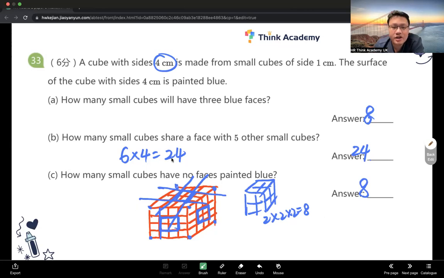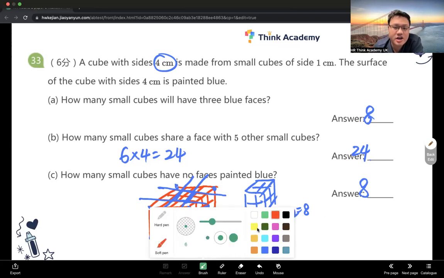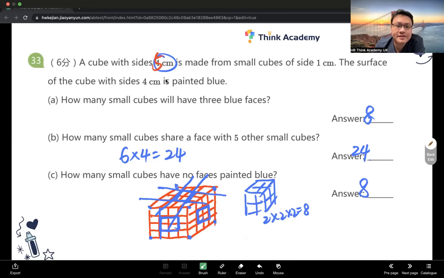Okay guys, if I change the number, let's say we've got a 5 centimeter cube. Now, can anyone tell me the answer to the last question? How many small cubes have no faces painted blue? 27. Yeah, that's right.